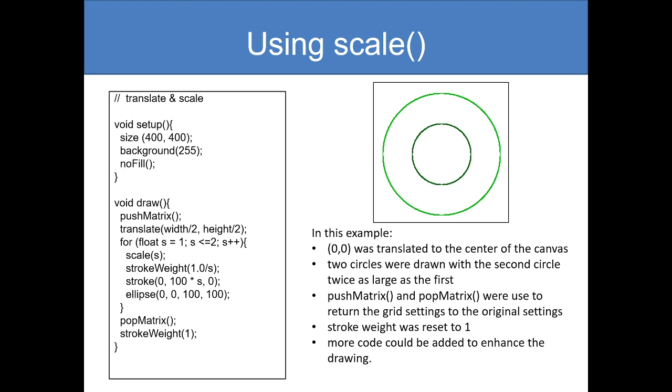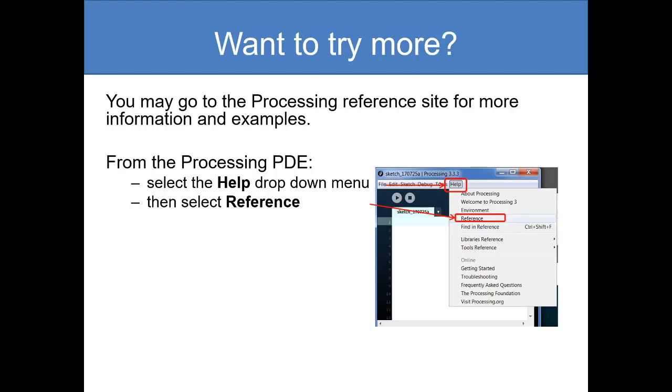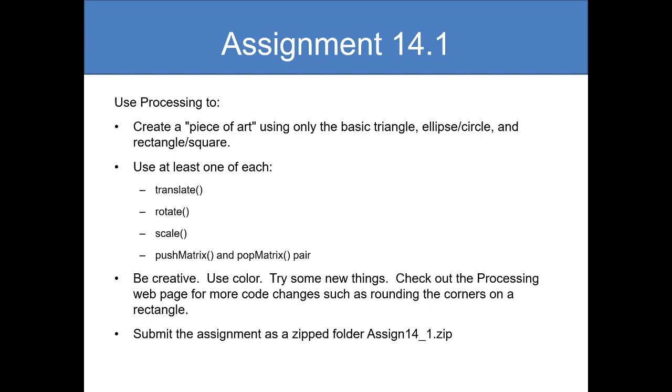This is an example of it using scale. And in Processing, if you go to the reference, there is some more help that you can have with those different things.